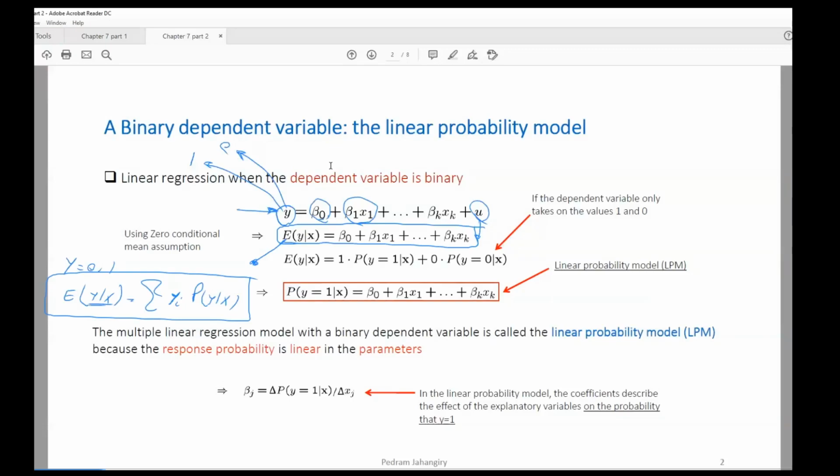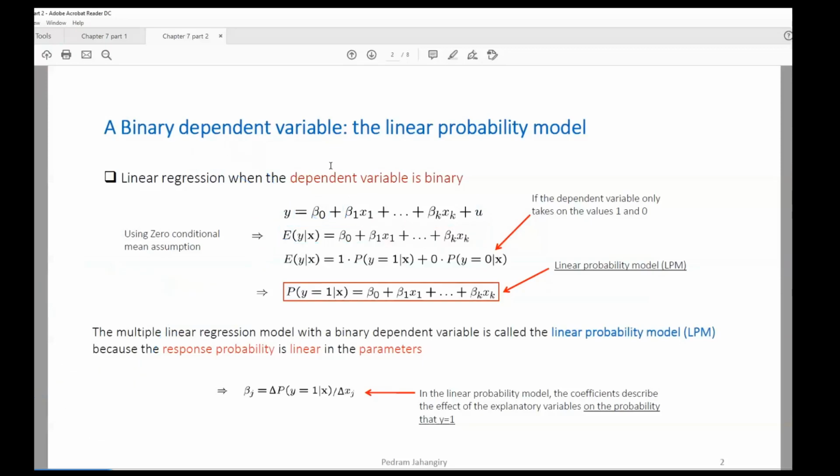What is the value of yi multiplied by its conditional probability? How many y's do I have? 0 and 1. So it's 0 multiplied by the probability of y equal to 0 given x, plus 1 multiplied by the probability of y equal to 1 given x. I can cancel out the first part. So the expected value of y given x is the same as the probability of y equal to 1. Let me summarize it.